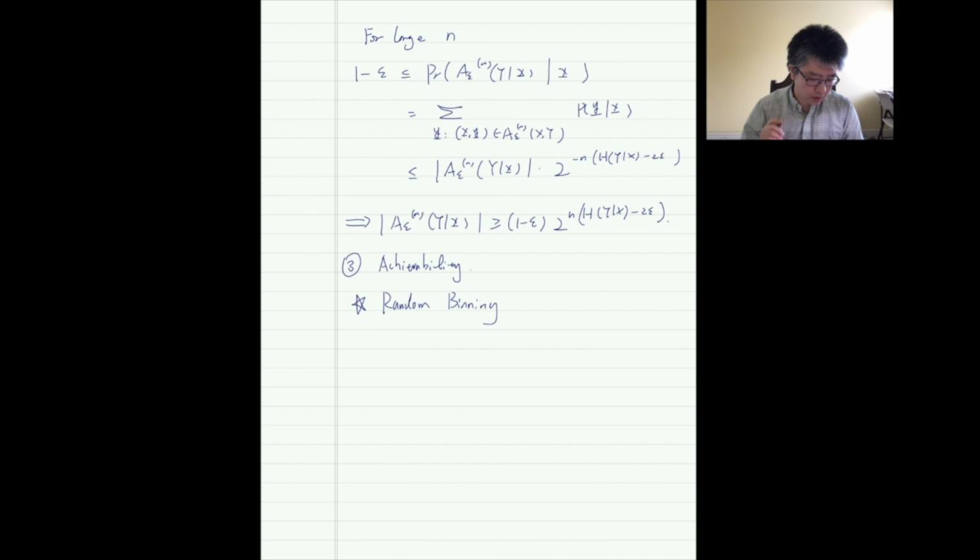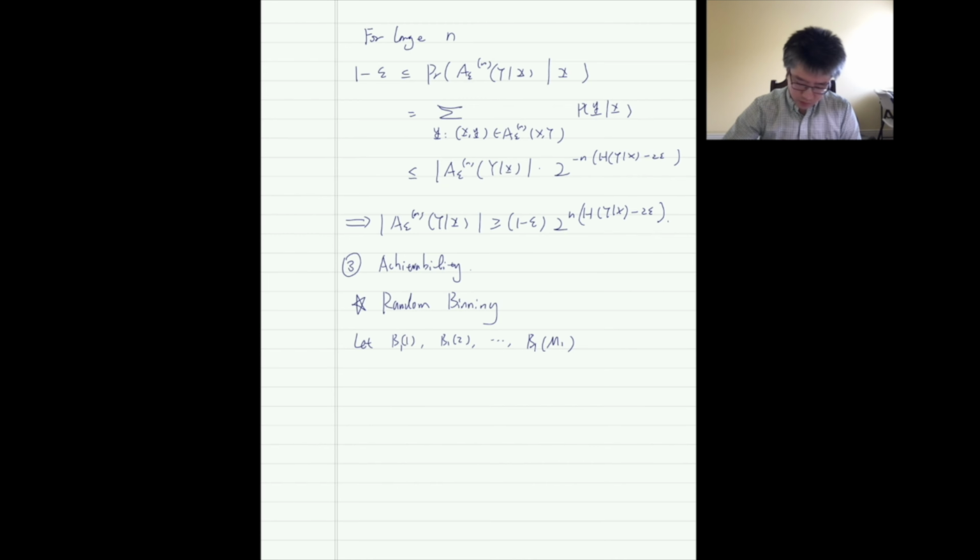Actually, the idea is also very, very simple. First of all, we're going to have a number of bins. This bin is like the bin in the bin-ball problem. So let B_{1,1}, B_{1,2}, and so on be the bins for X. We use subscript 1 for the indices of X, because the number of indices is M1, which means that we need M1 bins.